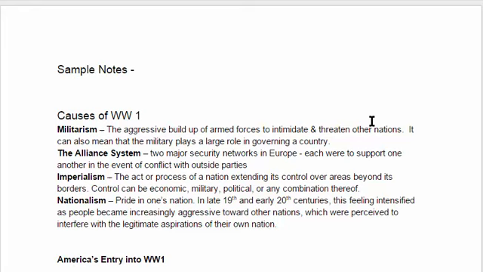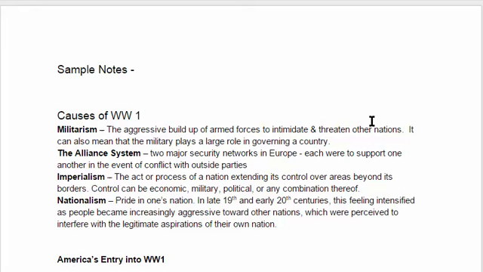Then imperialism. There was a lot of conflict over resources around the world. We look at imperialism as the process or act of extending control beyond your border. We know the British Empire had colonies, which is what we normally think about when we talk about imperialism, but it could be more than that. Britain, France, Portugal, Spain, Germany, a lot of these countries were competing for resources around the world in the form of colonies.